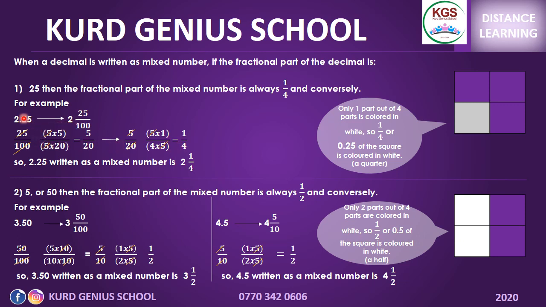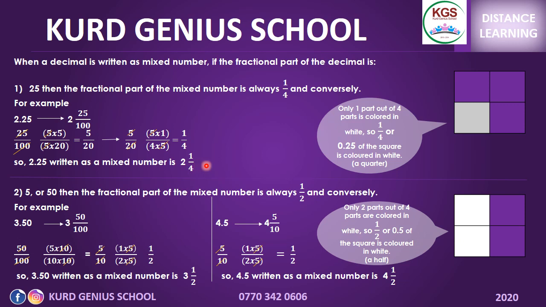Whenever you see the fractional part of a decimal number is 25, when you convert this number to a mixed number, just write 1 over 4 in the fractional part of the mixed number and write the whole number as it is in the decimal. So 2 and 25 hundredths written as a mixed number is 2 and a quarter.